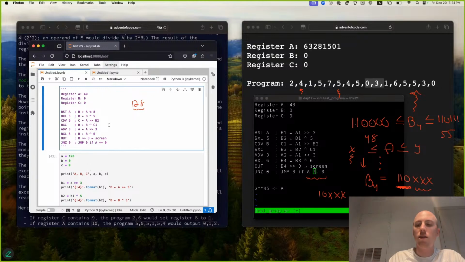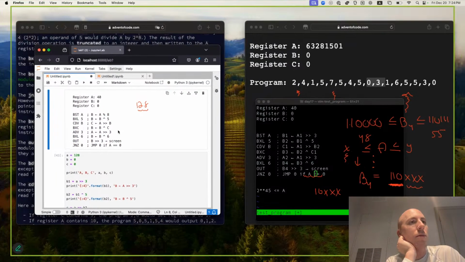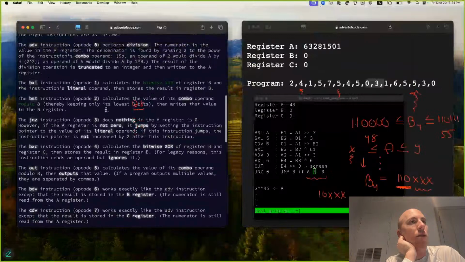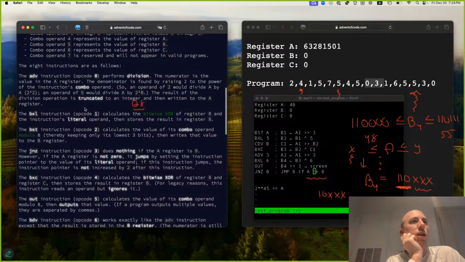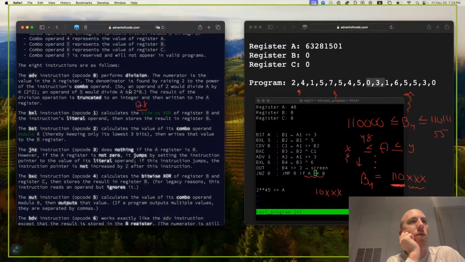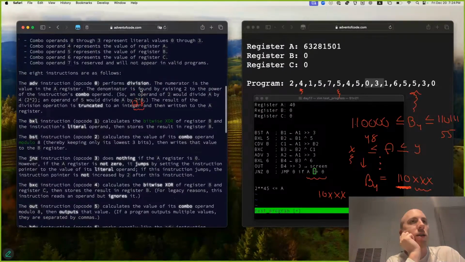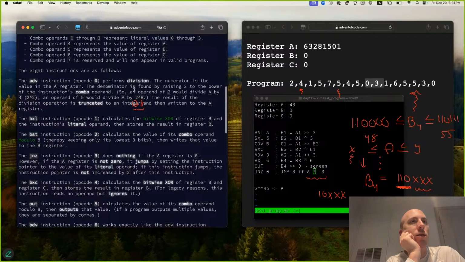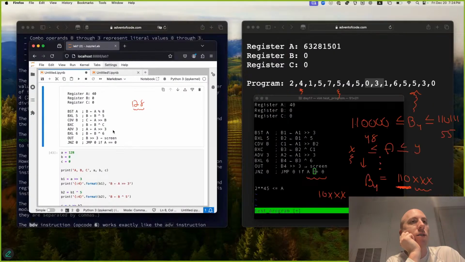Let me get rid of this. ADV 3, ADV of 3, combo, literal value, divided by 2 to the 3.